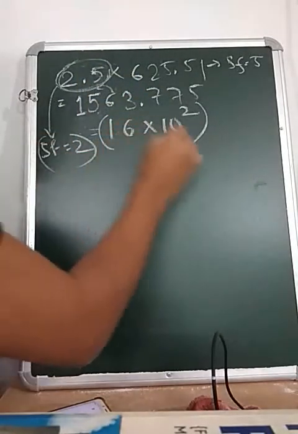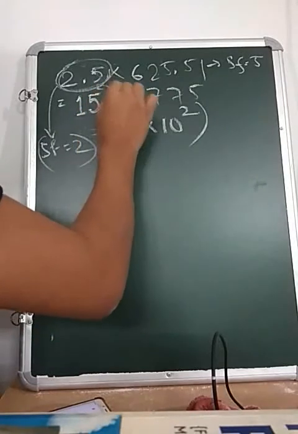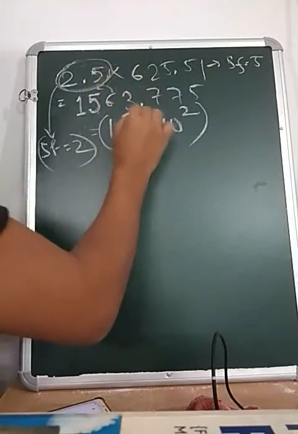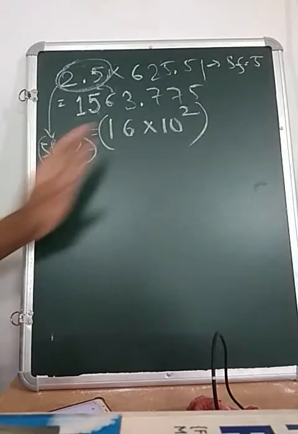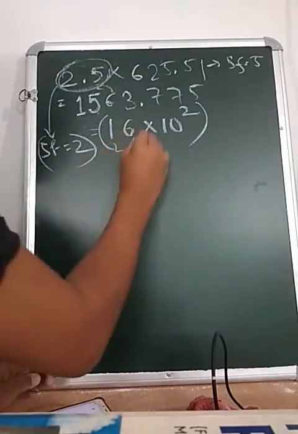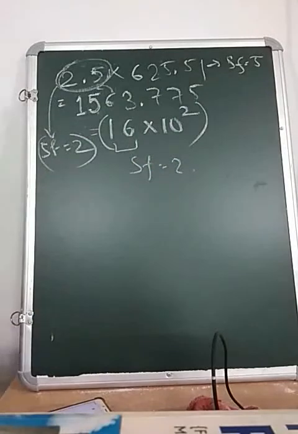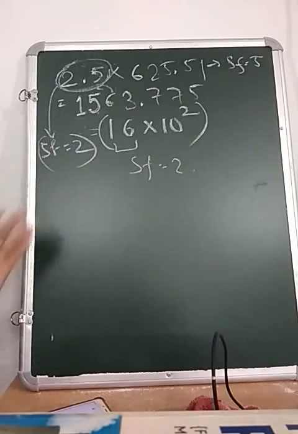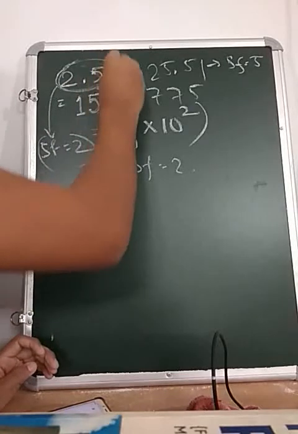Okay, so this will be the answer. And how do we convert this? We see there is 6, so we add 1 to the preceding one. 16 into 10 to the power 2. Here the significant figures in this result are 2. Okay, so this is how we proceed in case of multiplication when dealing with significant figures.